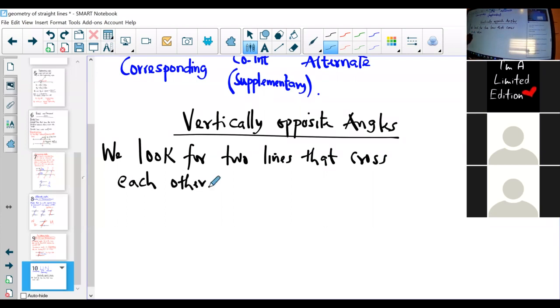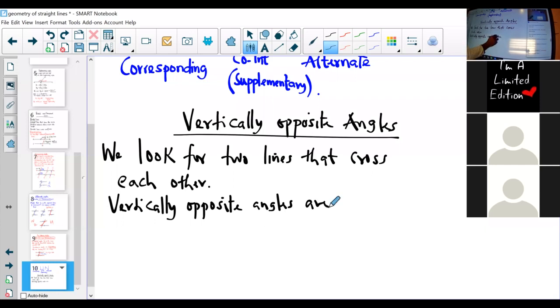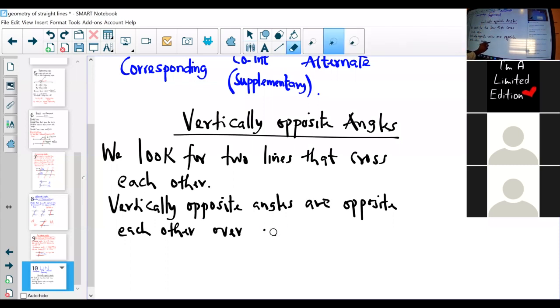That's number one. Vertically opposite angles are opposite each other, over the X shape.